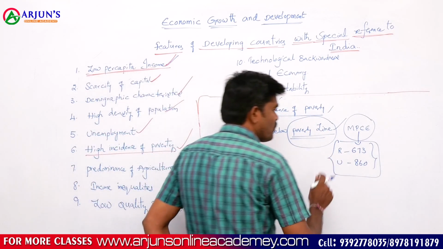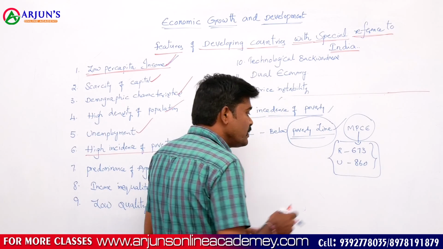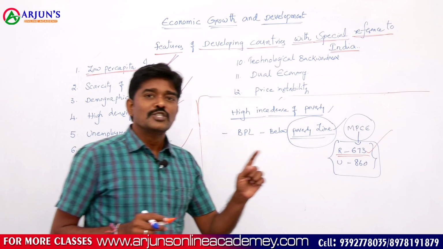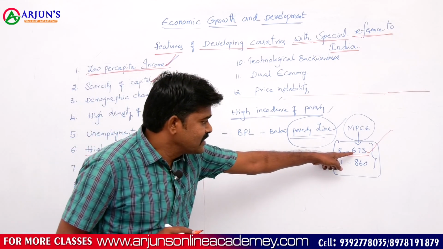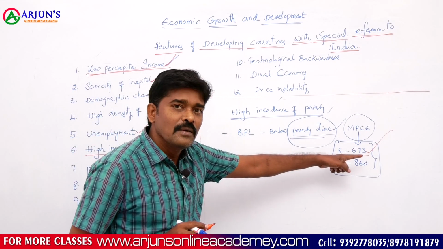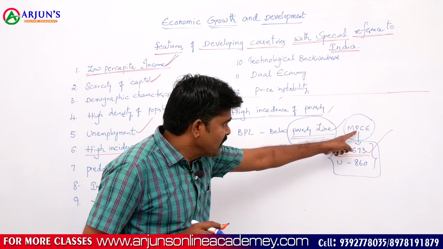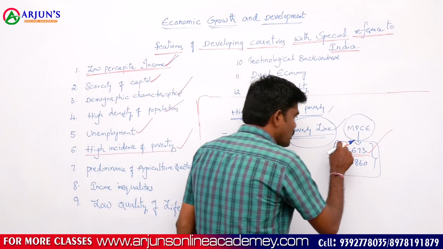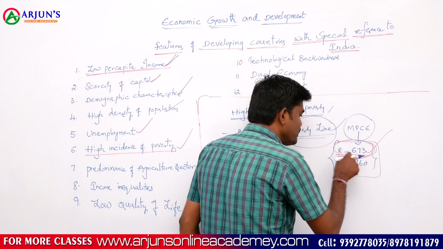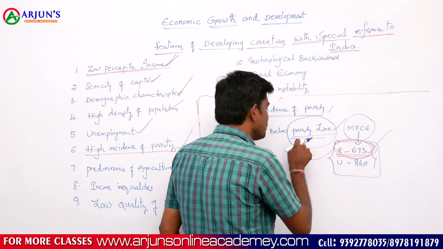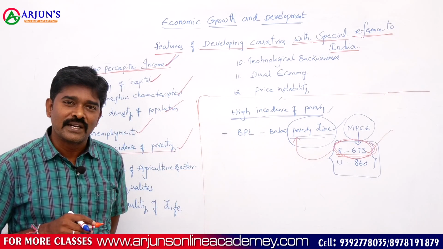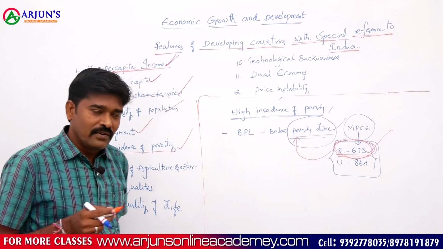In the case of rural areas, 673 rupees. The people who are unable to spend that much money, that is 673 rupees monthly per capita consumption expenditure in the case of rural areas, come under the BPL category, as per the experts' reports in our country.